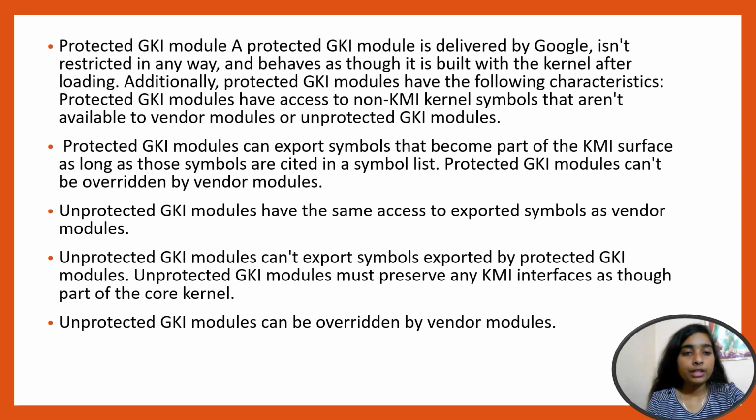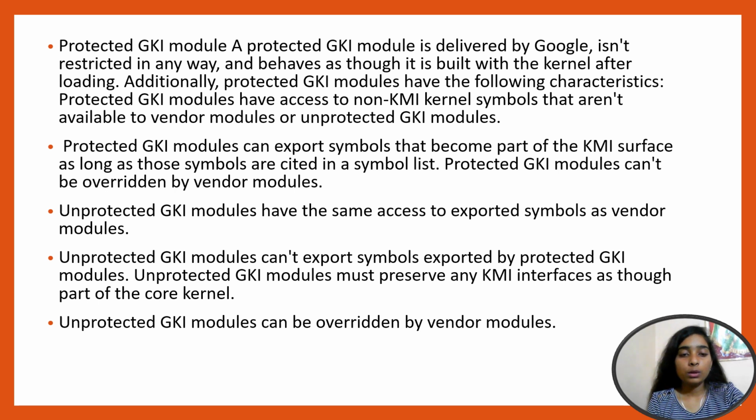Next, the protected GKI modules can export symbols that become part of the KMI surface as long as those symbols are listed in a symbol list. Thus, the protected GKI modules can be overridden by vendor modules, and the unprotected GKI modules have the same access to exported symbols as vendor modules.